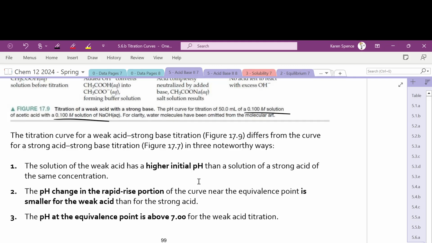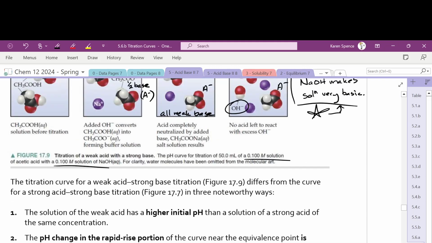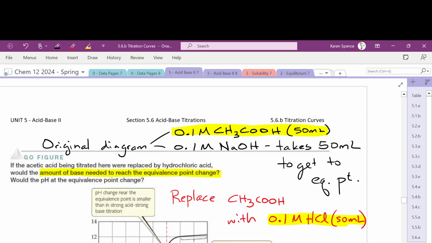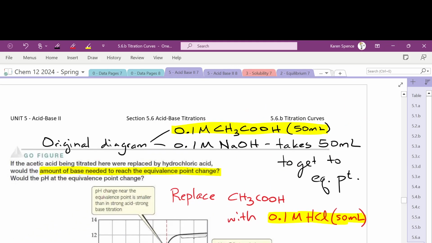All righty. So we were taking a look at this diagram here, and would it take more NaOH to get to the equivalence point with the strong acid? Would it take the same volume, or would it take less volume?